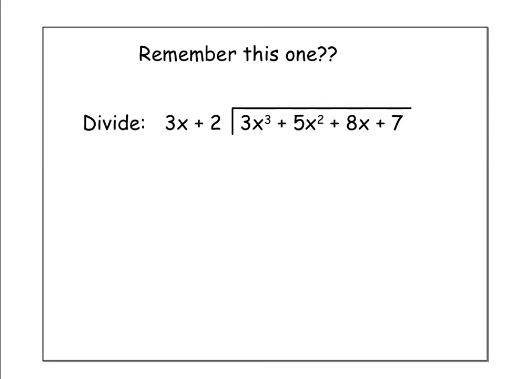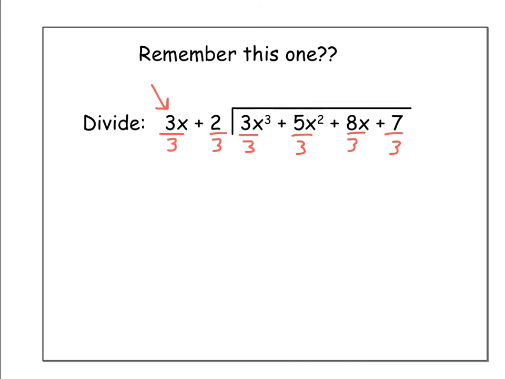If you were going to do this with synthetic division, we need this term to become a 1. So the trick is you divide all the coefficients by 3. Every single coefficient. Okay, and you definitely get some fractions in the mix.